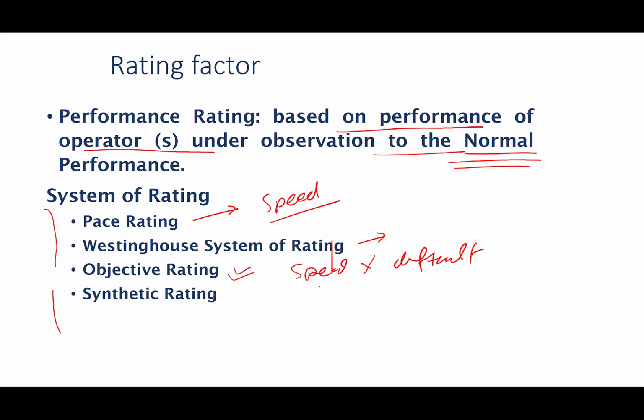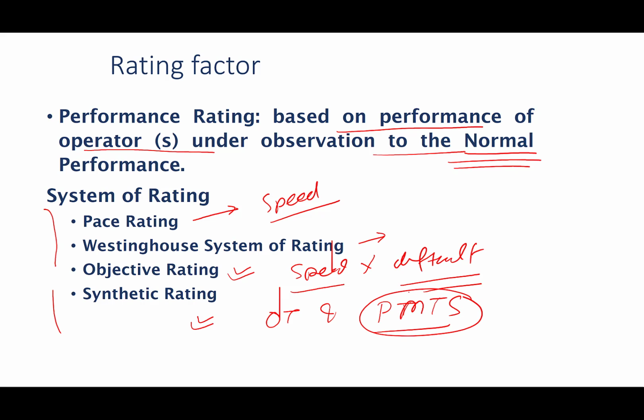So both are rated: the speed at which the worker is applying himself during the job and the degree of difficulty related with the job. And the synthetic rating is about the normal observed time and the time obtained from the PMTS method. These two are used to calculate the synthetic rating.